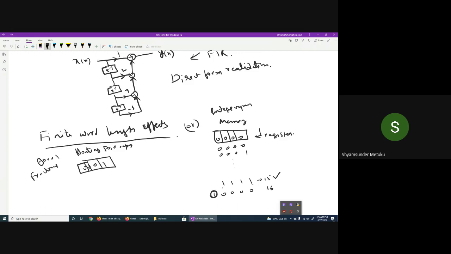Suppose you have 0.0001 multiplied with 0.1. Can you tell me what is the result? 0.00001. So in integers, generally we ignore the leftmost bit, isn't it?